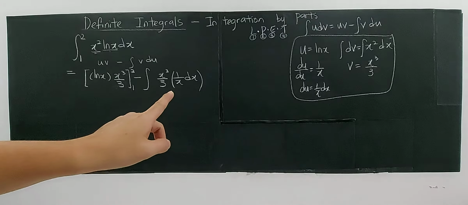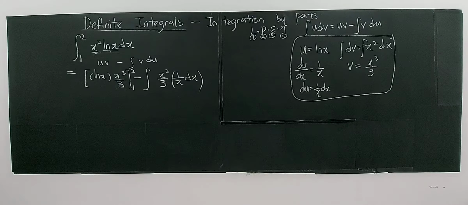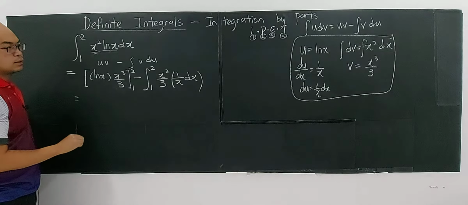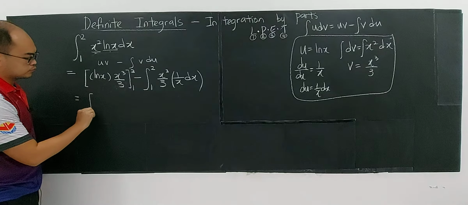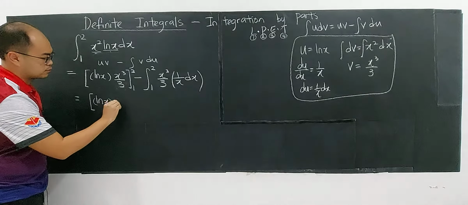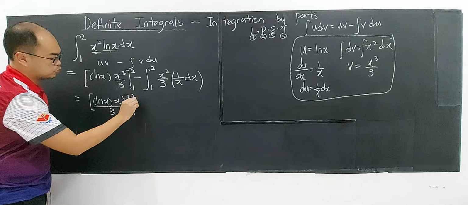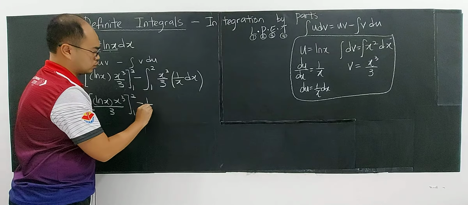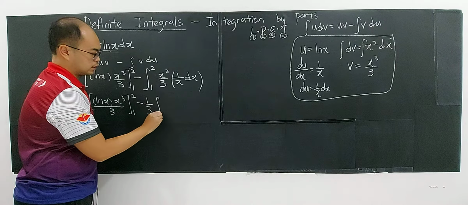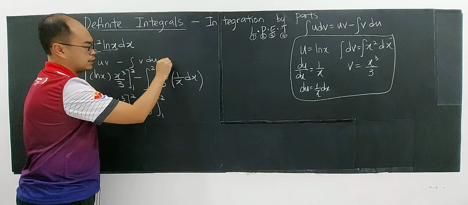As you are still integrating from 1 up to 2, you put the limits 1 to 2 here, and you can evaluate later. So you have ln x times x to the power of 3 divided by 3, from 1 up to 2. For the remaining integral, you can factor out the one third. Then you integrate from 1 up to 2, x cubed over x, which is x to the power of 2.